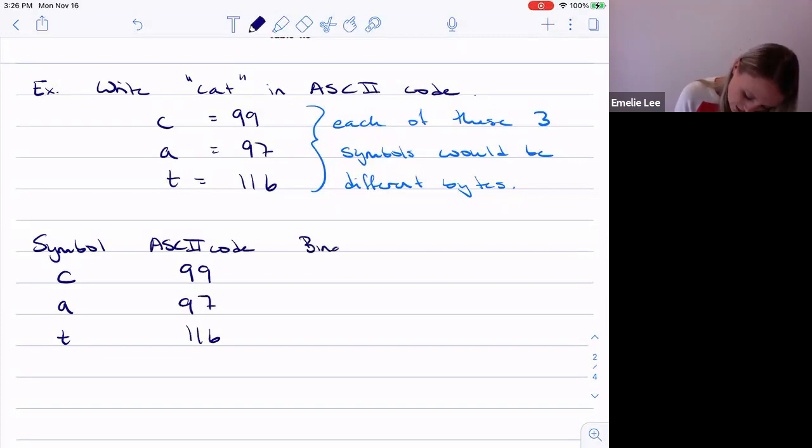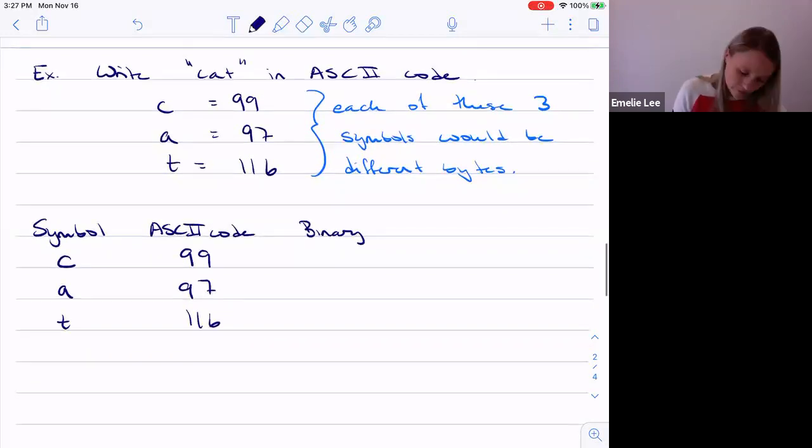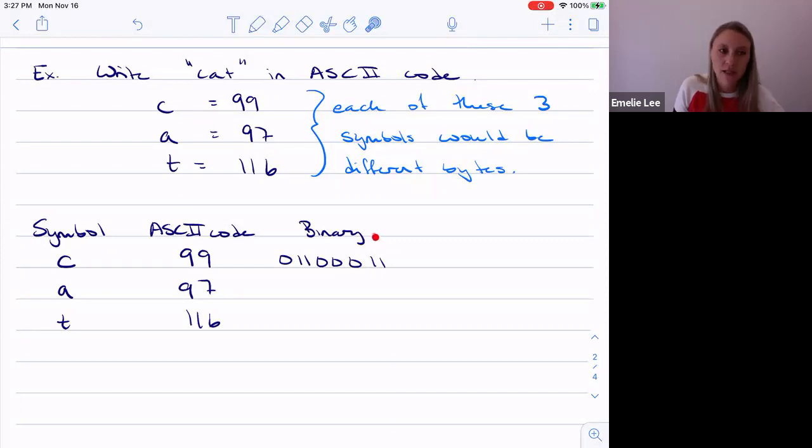Then in binary, I'm just going to tell you what it is. For the first one, 0, 1, 1, 0, 0, 0, 1, 1. That's, of course, base 2 because it's binary, right? And let me just make sure that I have 8 here. 1, 2, 3, 4, 5, 6, 7, 8.